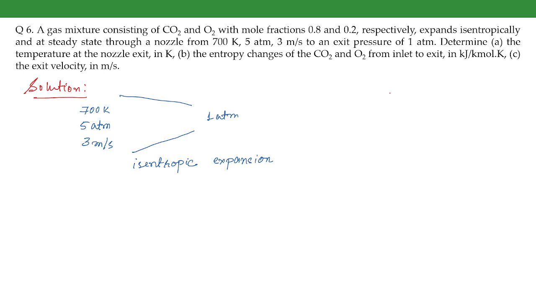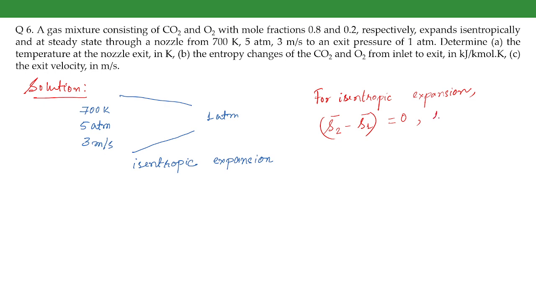So, for the mixture in total, for isentropic expansion, the molar specific entropy at the two states will be the same, that is there will be no change in the entropy.